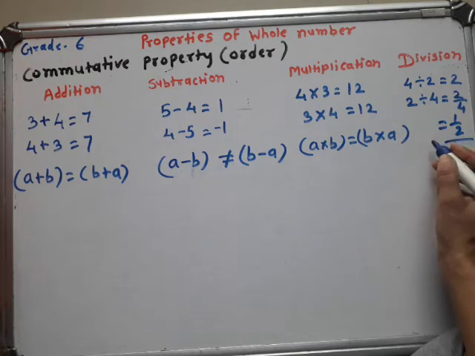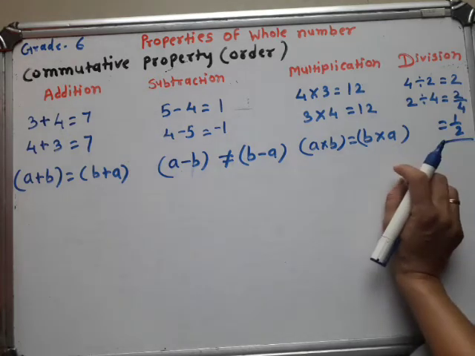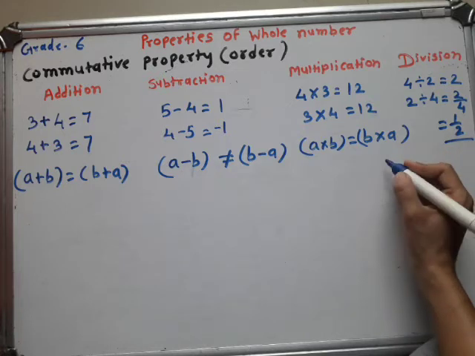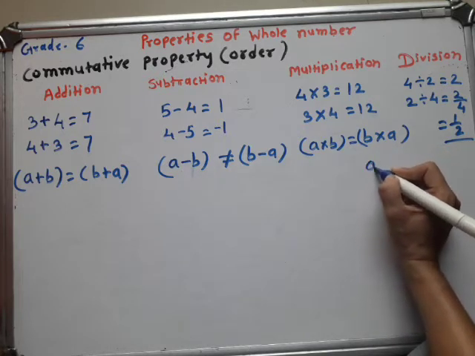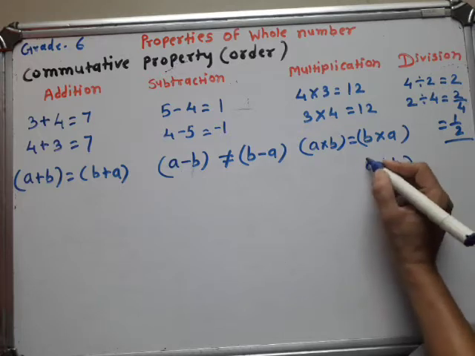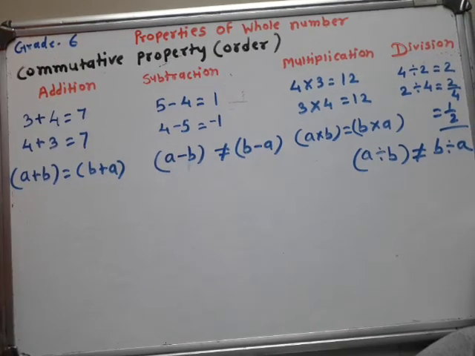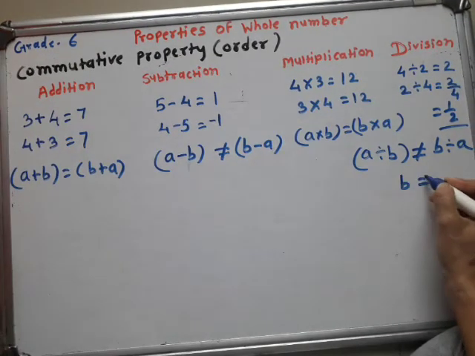So you say that the commutative property does not hold true for division of whole numbers. Here you write a divided by b is possible, but b divided by a is not possible, when b is not 0.